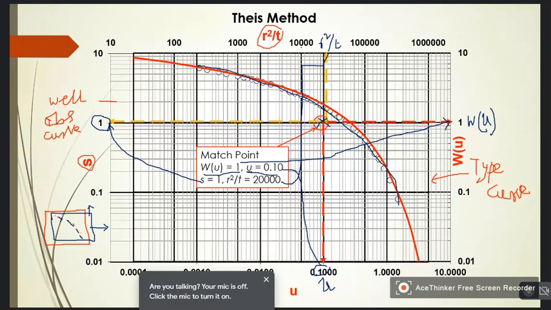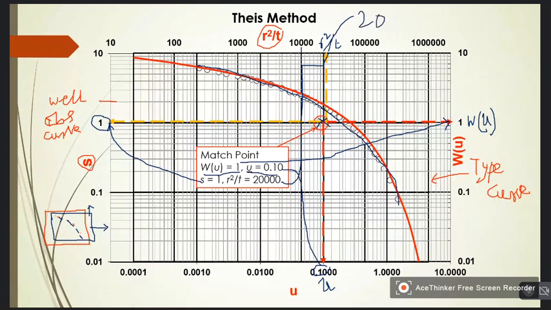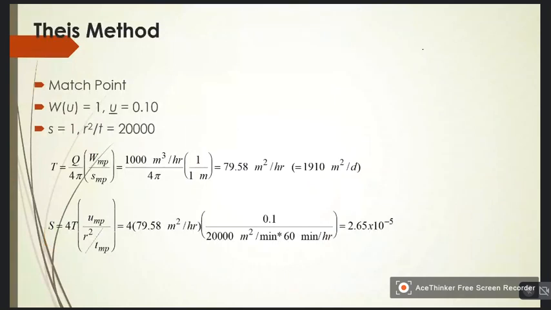This is 1000 and this is 2000. So once you get these four values, use these four values in our definition. Our original equation is this one.